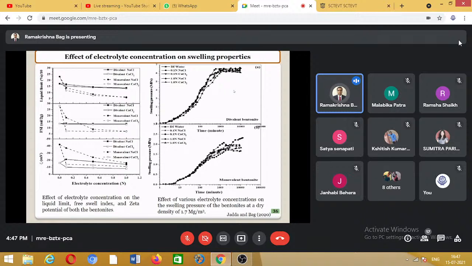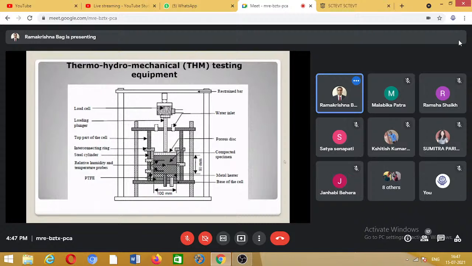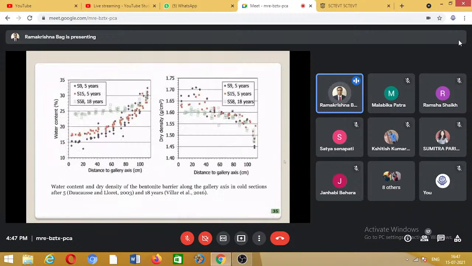In the field, when you get some amount of water, you don't know what the exact concentration will be. So you need to study a different range of salt solutions. It can vary from 1 normal to 0.5, 0.3, and so on, and how those things vary. How the liquid limit changes, how the free swell index changes, all these properties are part of the research on this material.